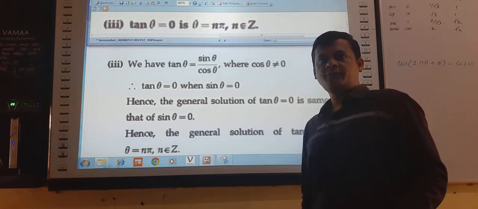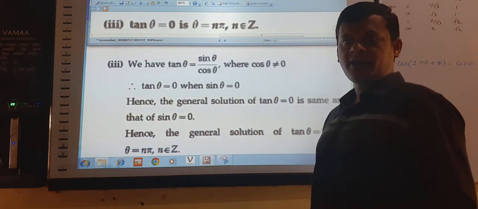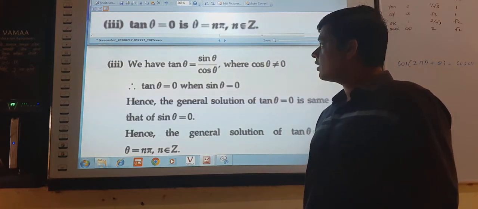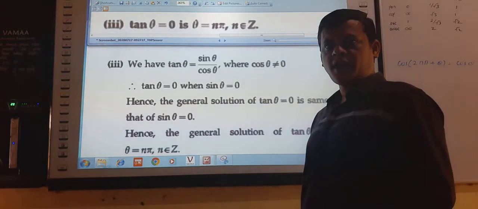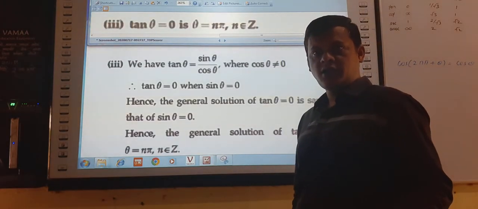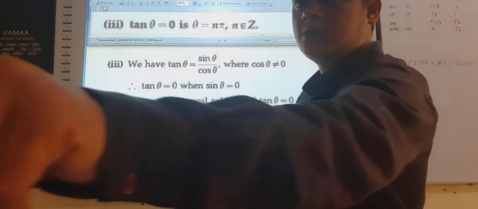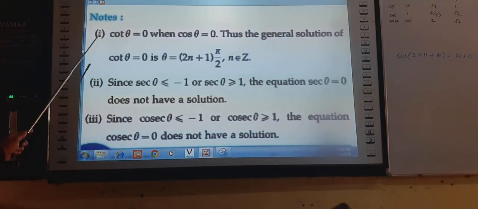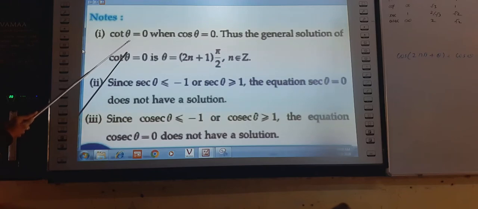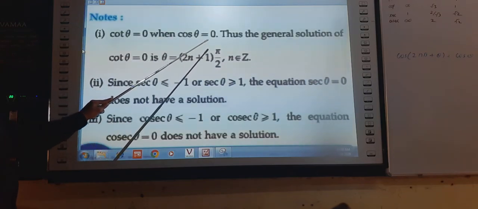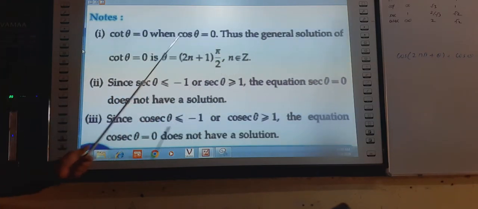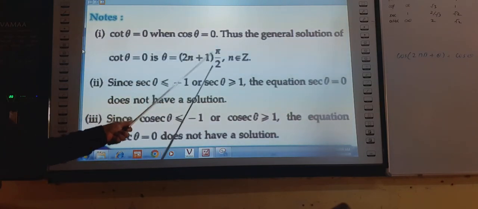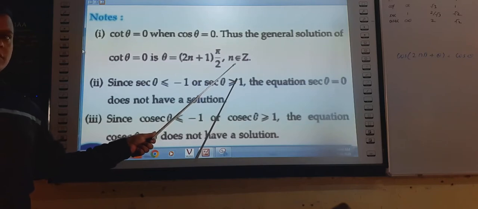Now by using the properties you can write general solutions for the remaining, that is for cot, sec and cosec. Now we see in the note for which solution exists or not. So note down. First, cot theta equals to 0. When cos theta equals to 0, the general solution of cot theta equals to 0 is theta equals to twice n plus 1 pi by 2, n belongs to z.